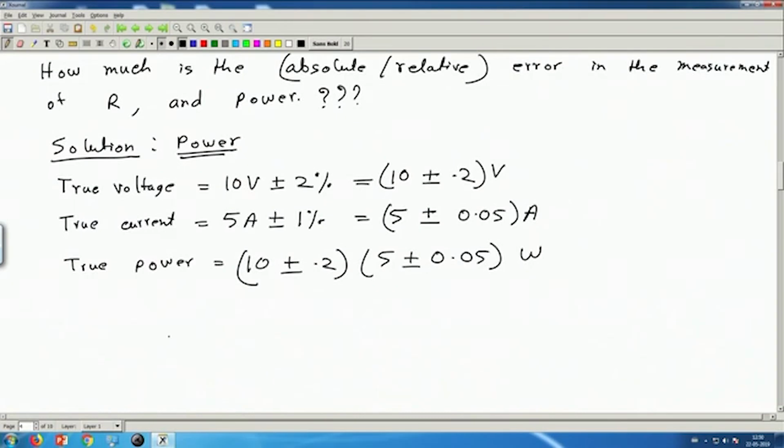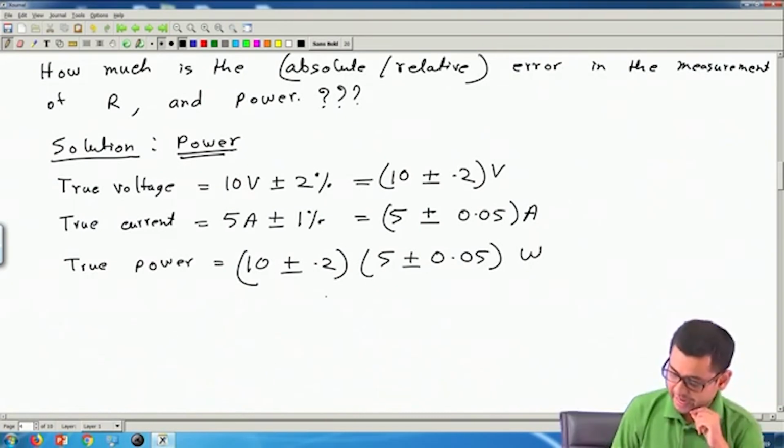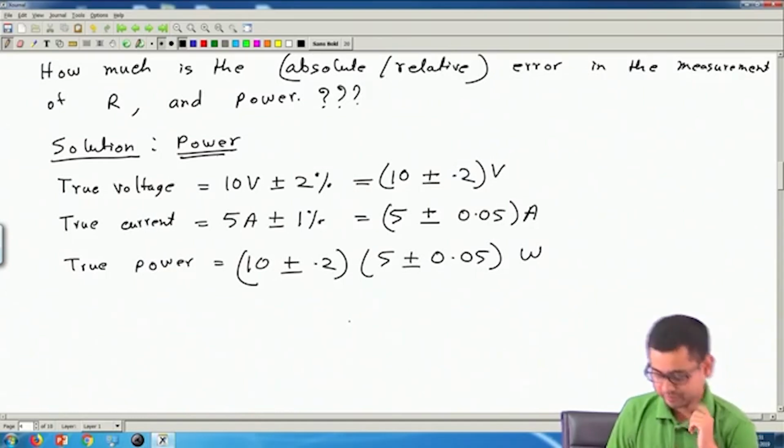Now it is possible that when this error is positive for the voltmeter, this error is also positive for the ammeter. But it is also possible that when this error is positive for the voltmeter, this error is negative for the ammeter. Similarly, when this is minus, this error is plus. When this error is negative, this error is negative. All 4 possibilities can happen.